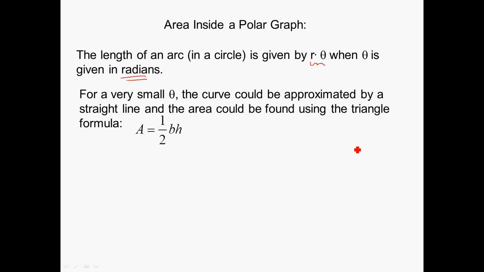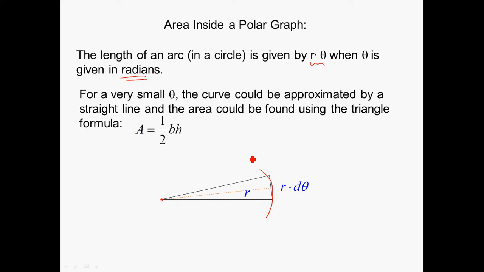So if we have a very, very small area, that curve, that arc, kind of looks like the end of a triangle, like this. Imagine that this is the center of the circle. All of these are radii, radius, radius, radius, out to the circumference of the circle.